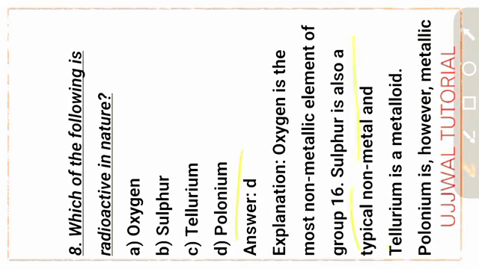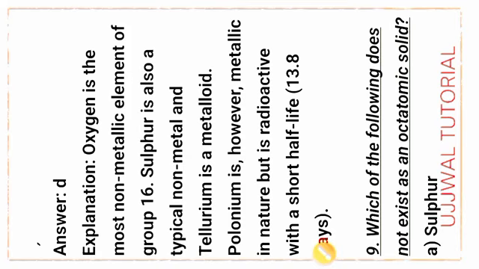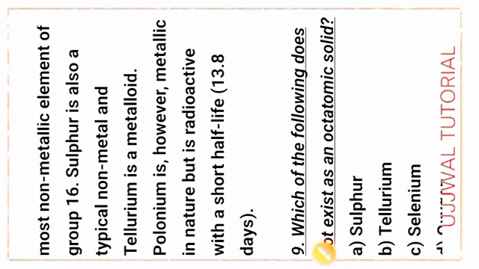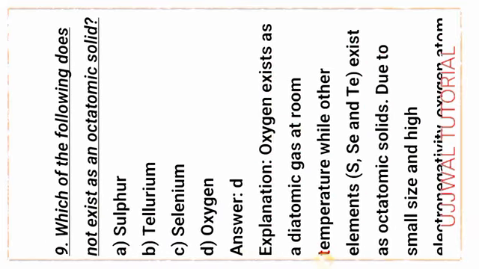Sulfur is also a typical non-metal, and tellurium is a metalloid. Polonium, however, is metallic in nature but is radioactive, with a short half-life of 13.8 days. Next question, question number 9.